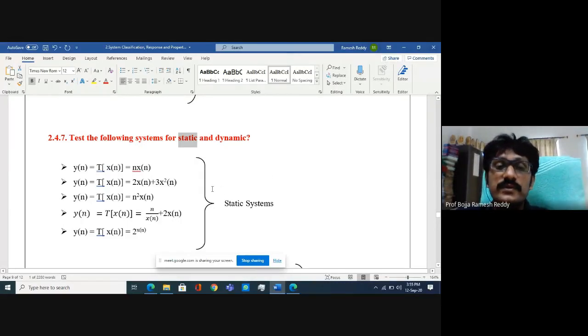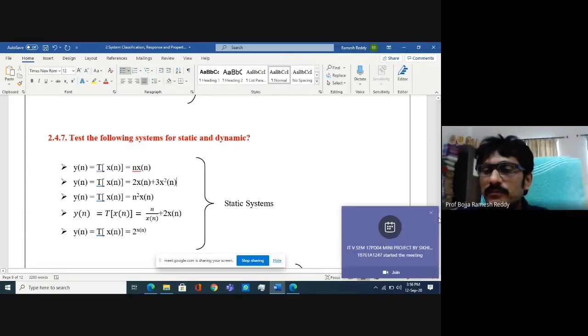If the present output depends on the present input, x of n, it is a static system. Once again, present output depends on x of n, x square n, x cube n, root x n, all of which are present. Such things come under static, where there is no memory.